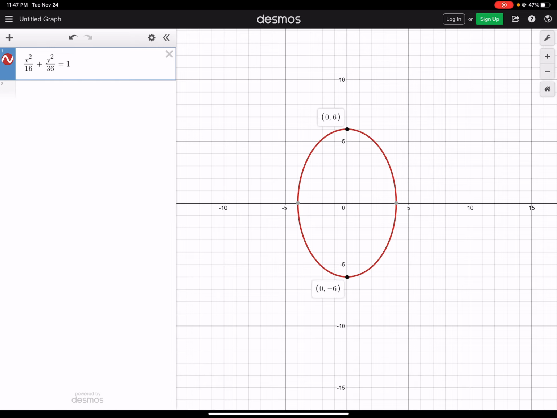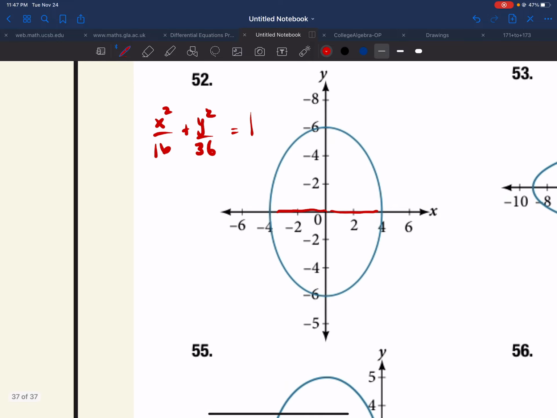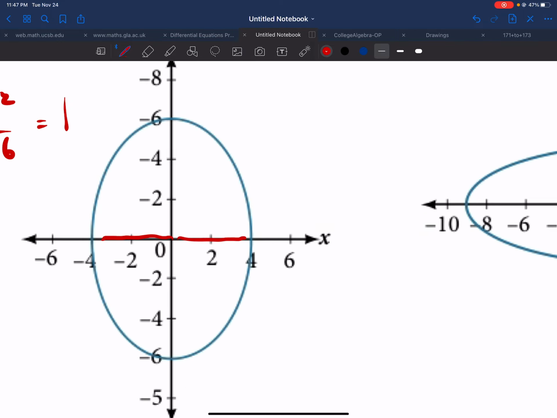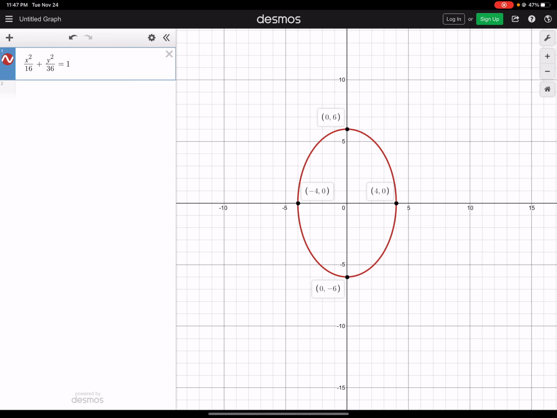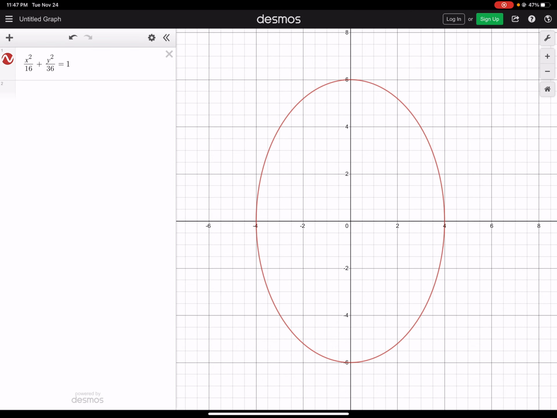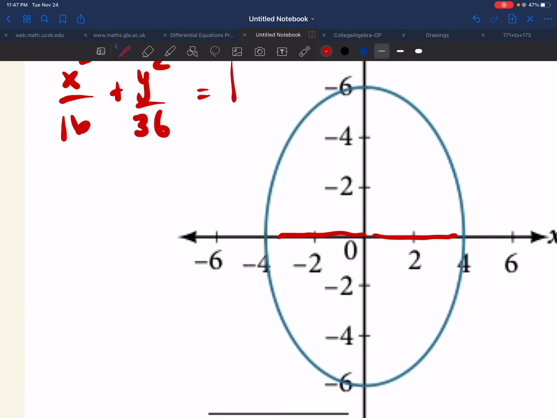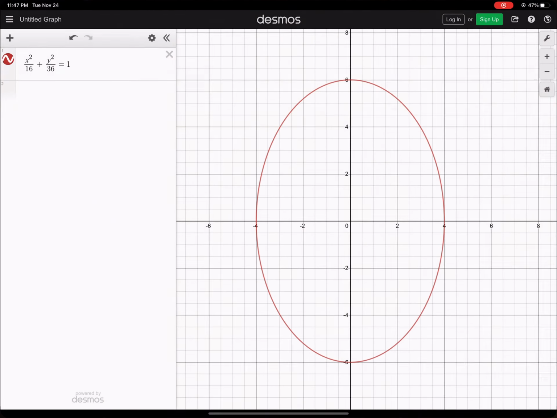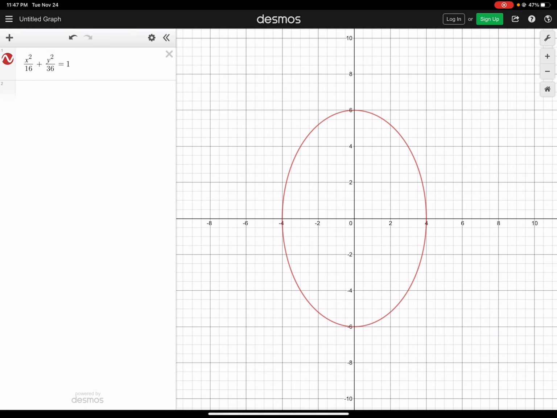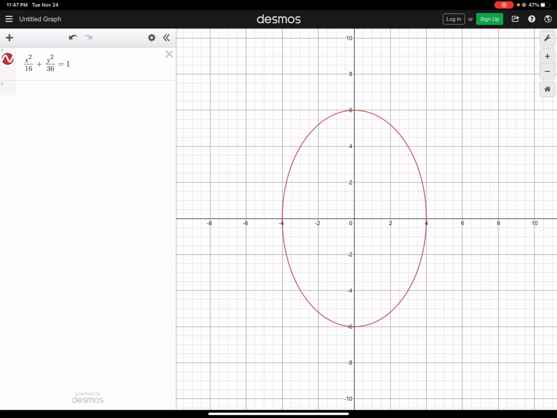That crosses at 6 and negative 6, at 4 and negative 4. That's exactly what that picture looks like. As a matter of fact, if I pulled this over a little bit, they would almost perfectly lay on top of each other. So you can see what they look like.